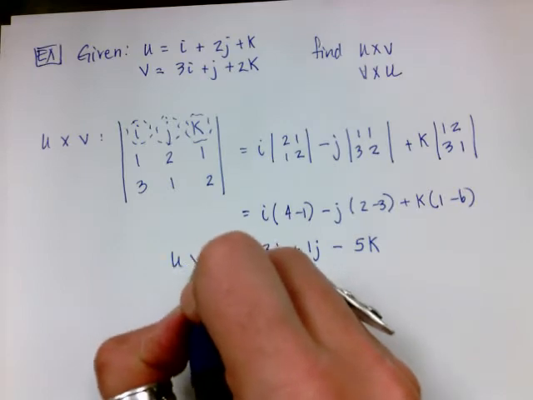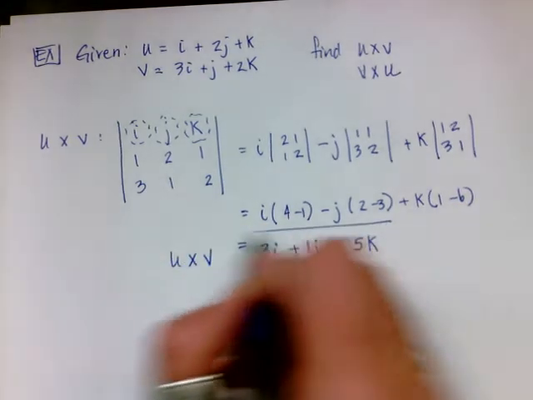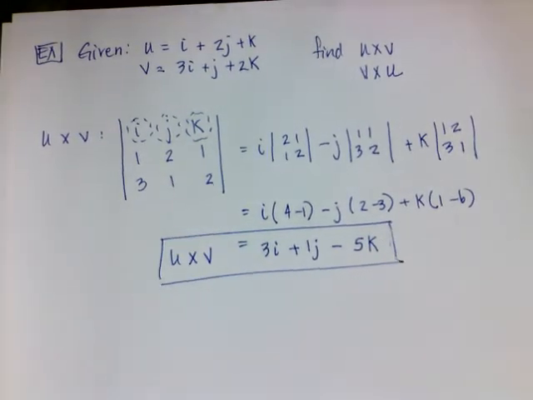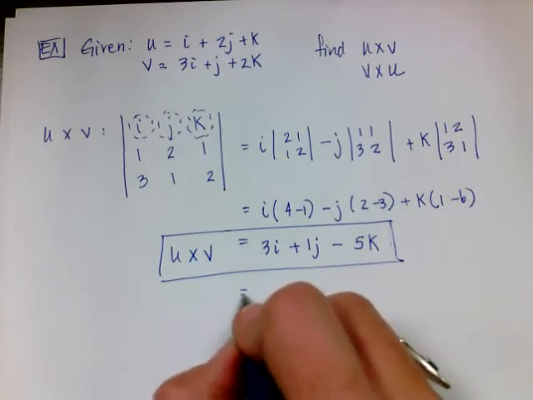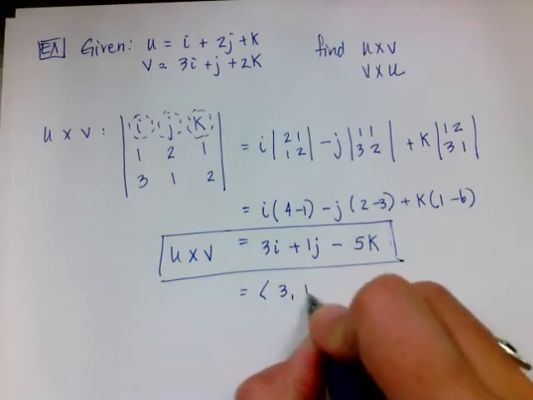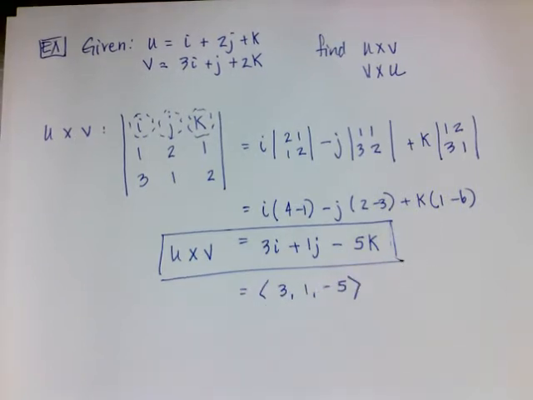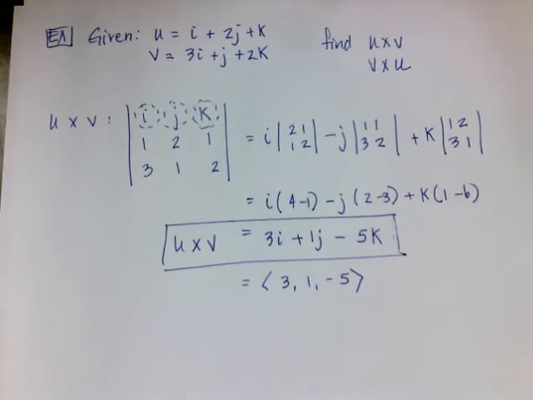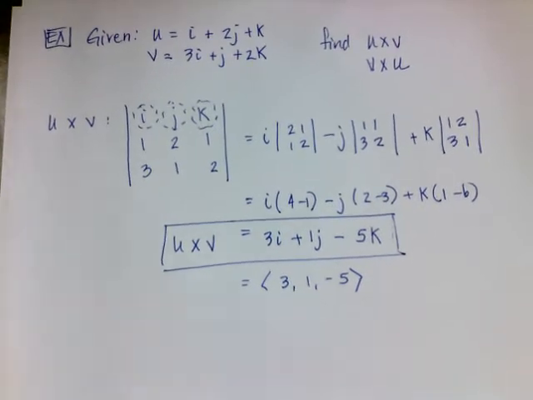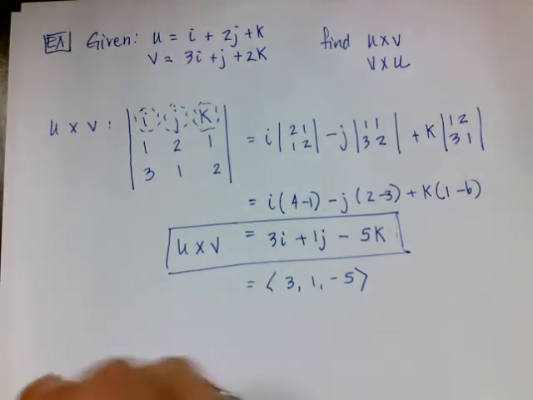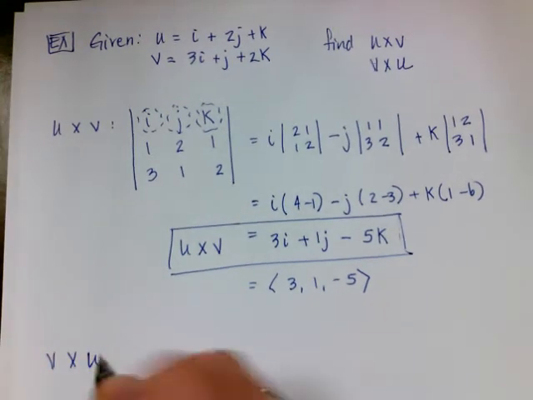And so this would be my cross product of U cross V. And if I wanted to put it in component form, I could write 3, 1, negative 5. Remember there's two different ways to talk about vectors. Alright, so now let's do our second part of the problem. Let's do V cross U.